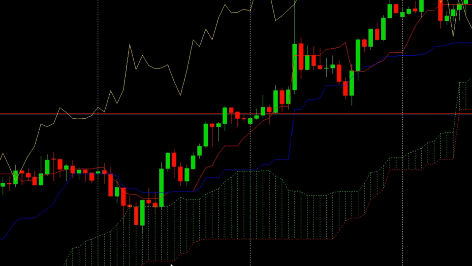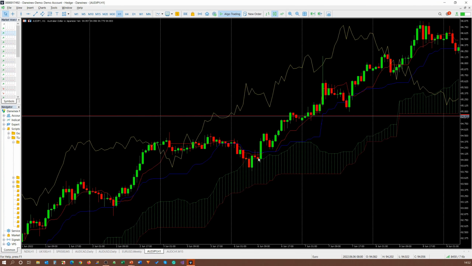If we did, however, see the bottom edge of the cloud breached and the price coming below that, that usually means that that support has now been broken, and we might be looking at a change in that medium to long-term trend. But in this instance, it does get that support that it requires in order to continue on its way.